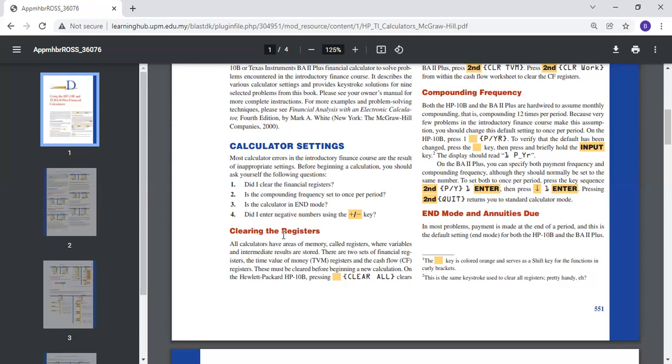In your BA2 Plus, you will see the plus minus sign. This is very important, especially if you want to put a minus after 100 or after any figure. You have to press this. If you press the ordinary minus, it will not show. So you have to press the plus minus sign to have a minus beside any value.